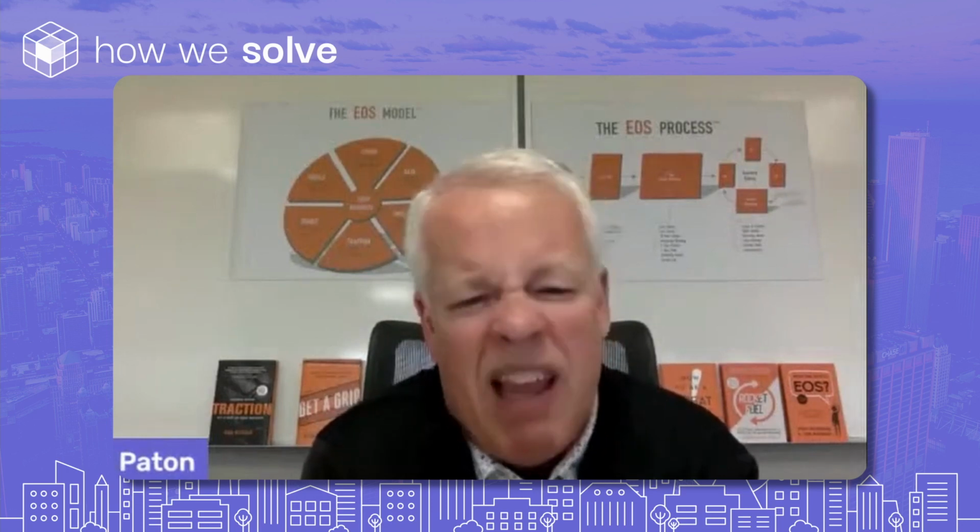It's Gino Wickman's mission and mine and everybody else affiliated with EOS Worldwide to fix that, because we think there are pretty simple tools and disciplines that everybody, no matter what level of mastery you have around business, can use to make things better. So that's what I'm going to share with you and your listeners and watchers today: a simple set of tools that might help.